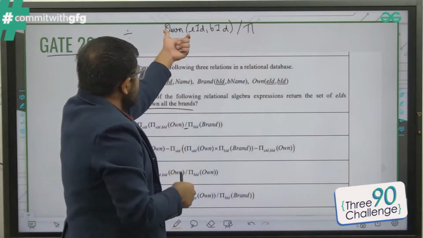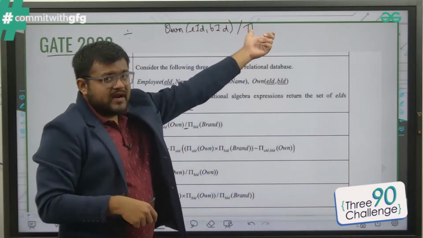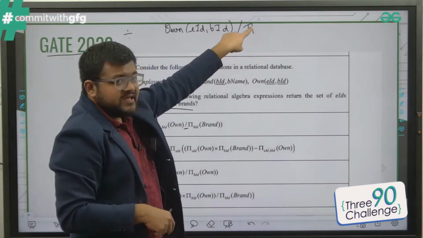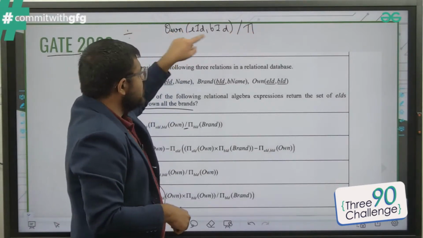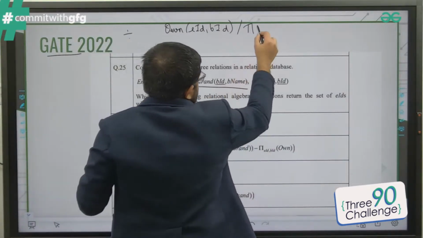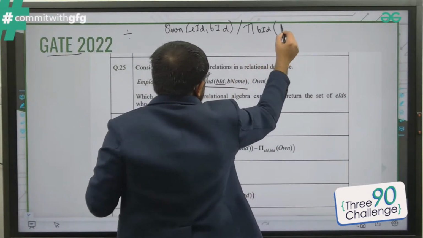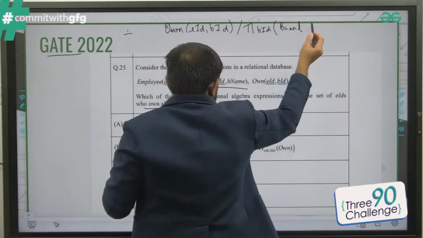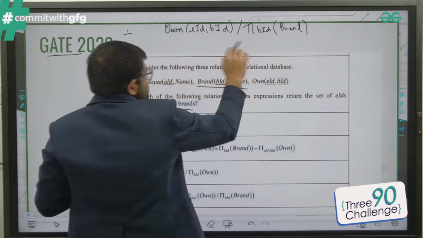When I say own employee ID, brand ID, division brand ID, it means the employees who are associated with each and every brand ID will be considered. How can I get the brand ID? Where is the brand ID? It is here. So I can say projection of brand ID from this table, right? So this will give me the answer.